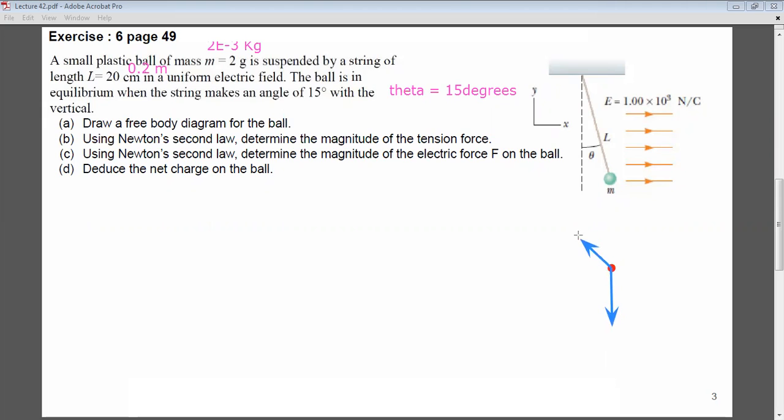Then there is the tension in the string. Okay. Then there is this F. So there is the weight, the F due to the E, and the tension force.